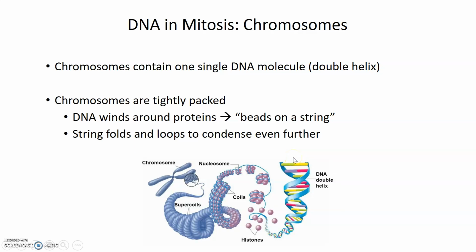In order to pack DNA into chromosomes, DNA first has to wind around proteins called histones to create this beads on a string structure. And then that beads on a string structure folds and loops together to condense and coil and ultimately forms sort of this X-shaped chromosome that we're all familiar with.